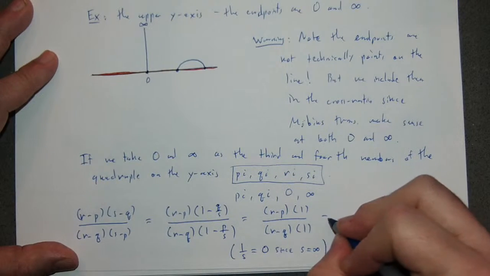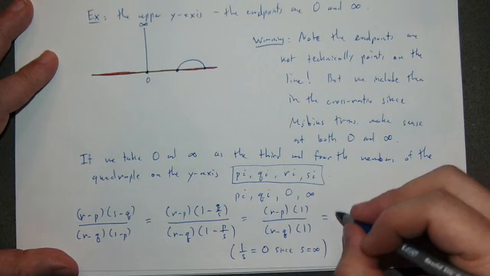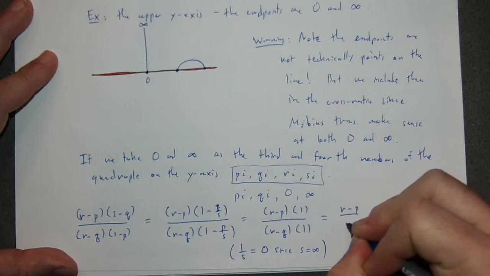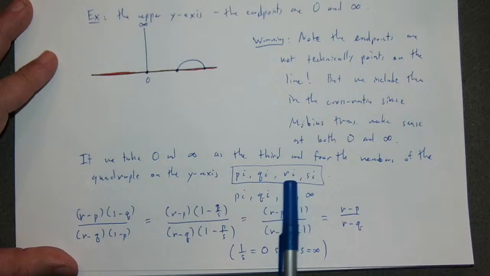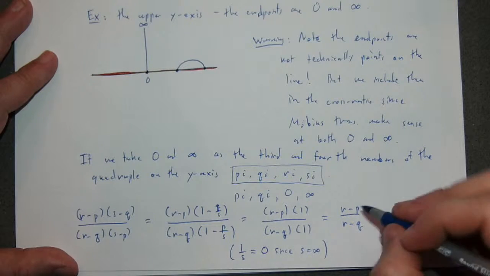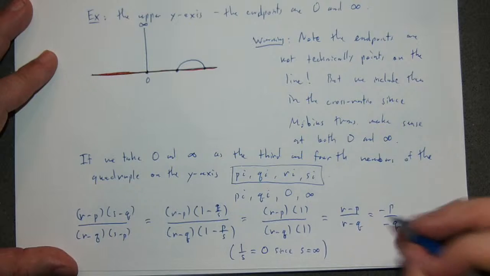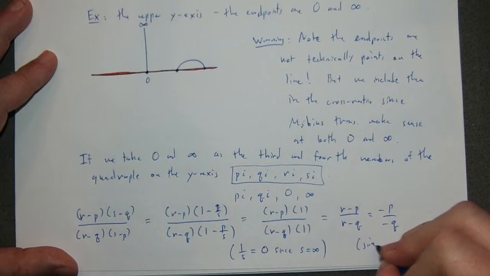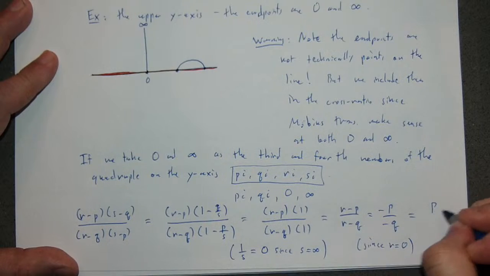But then this is equal to R minus P over R minus Q. But remember, we replaced Ri with 0, so R is 0 here. So this is minus P over minus Q, since R is 0. And so this is just P over Q.